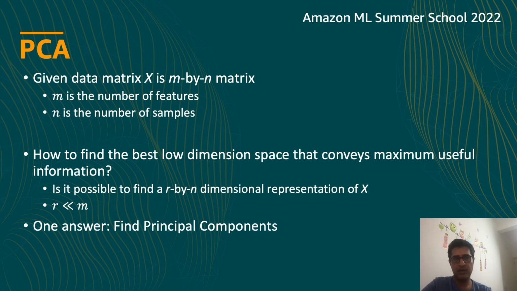You are asking: is there a smaller dimension r such that, if I had only that much space to represent my matrix or the information about it, I can still have minimal information loss? I'll show you examples of what PCA can achieve in terms of compression, image compression, and other interpretable results.